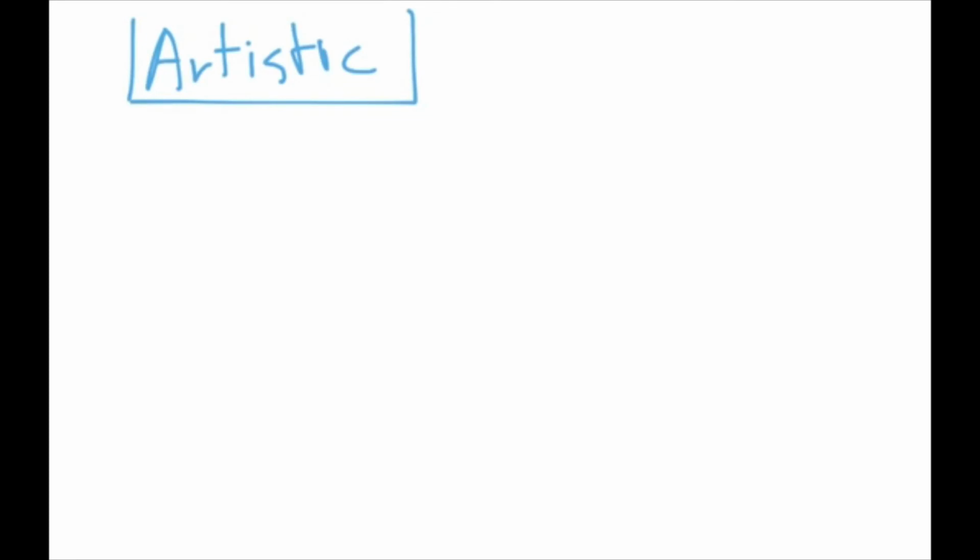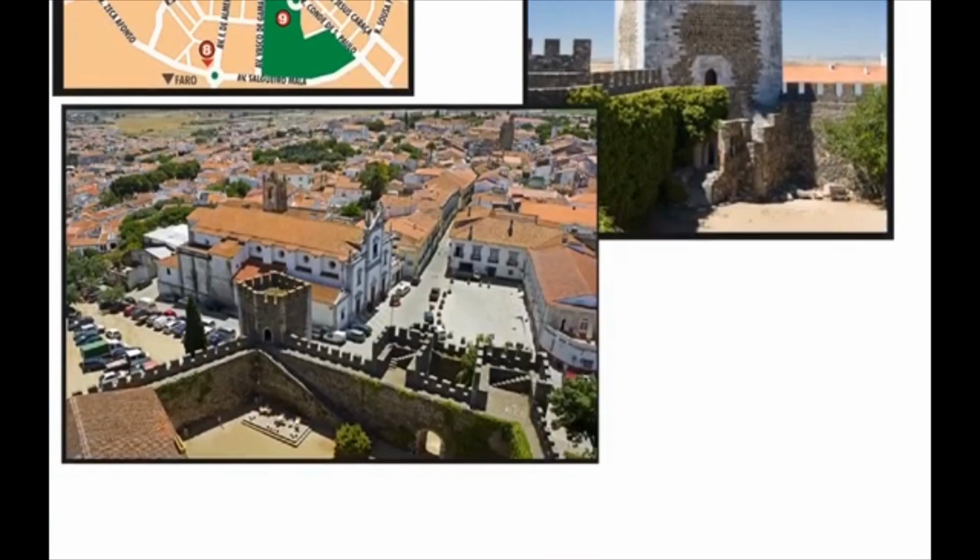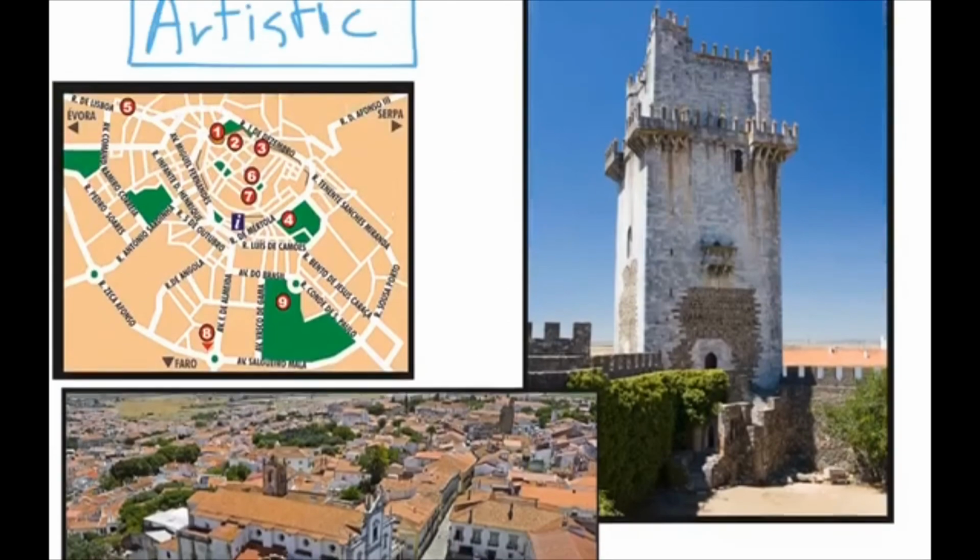So like Beja, if I'm looking at Beja here, I'm going to use stuff like this map. I'll look it up. Use these roads. In the center of town, there's this big tower surrounded by walls. That would figure into my story or my picture or my comic. Here's a view from up here looking down and seeing the city. I would use this information to help color my story.